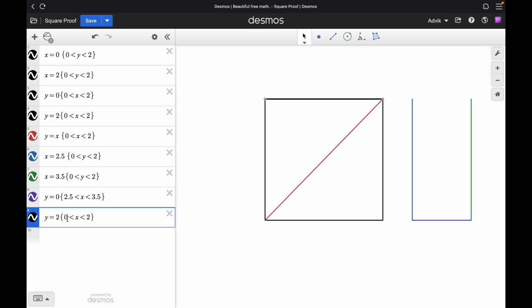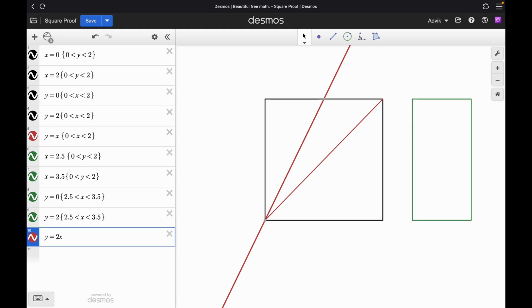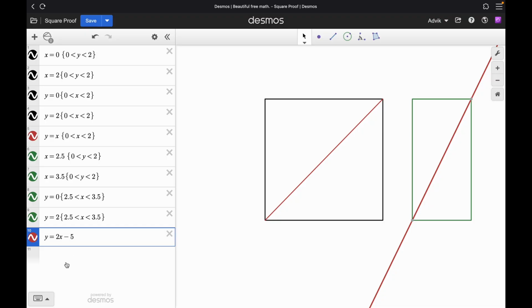Let me quickly finish moving everything. So we have a rectangle over here, and we can draw a line y is equal to 2x. And then we can drag this to the right. The 2x minus 5 gets us what we want. And then we can do 2.5 is less than x is less than 3.5.